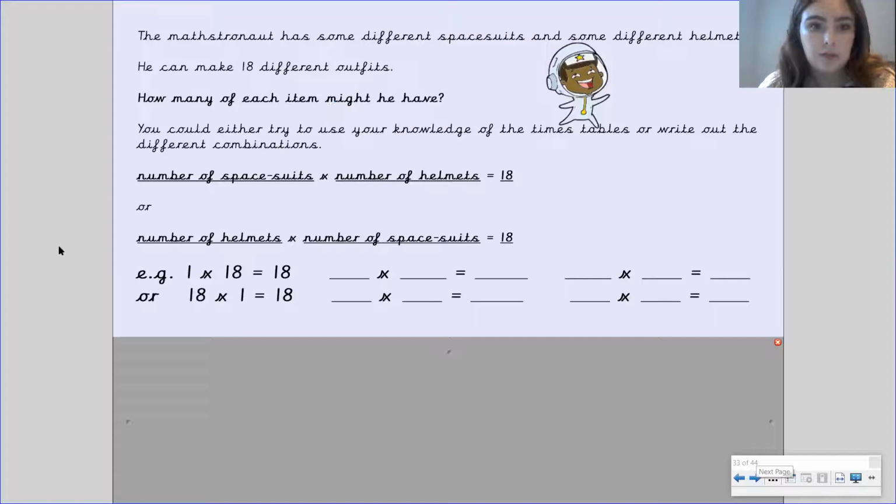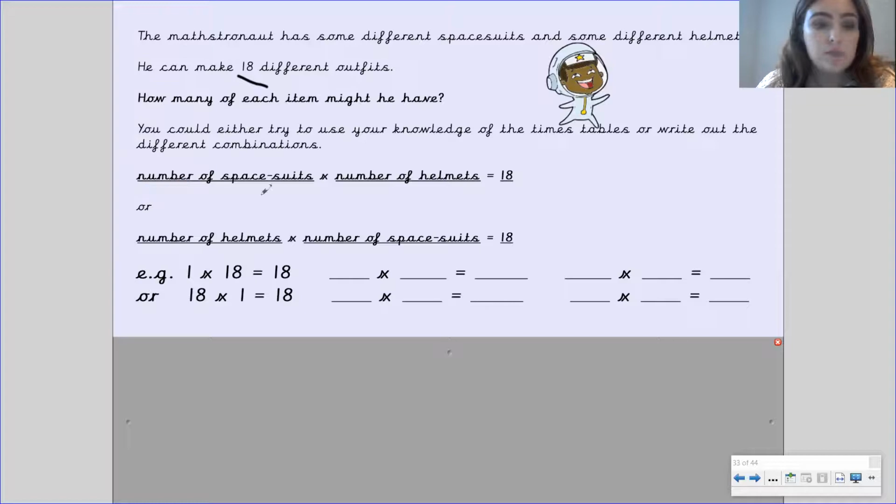So our next question. The astronaut tries on some different spacesuits and some different helmets. He can make 18 different outfits. How many of each item might he have? Now, you could either try to use your knowledge of the times tables to write out the different combinations.